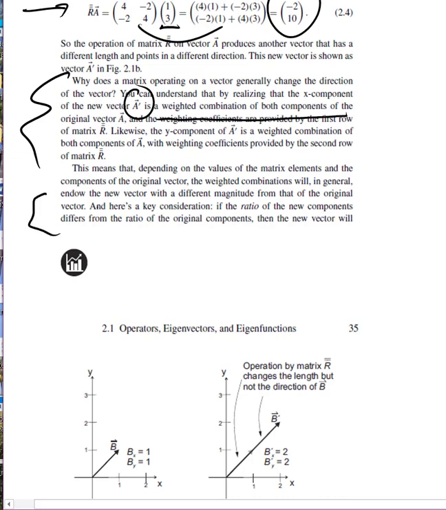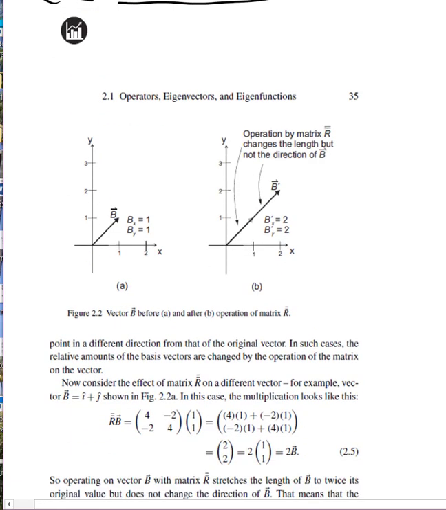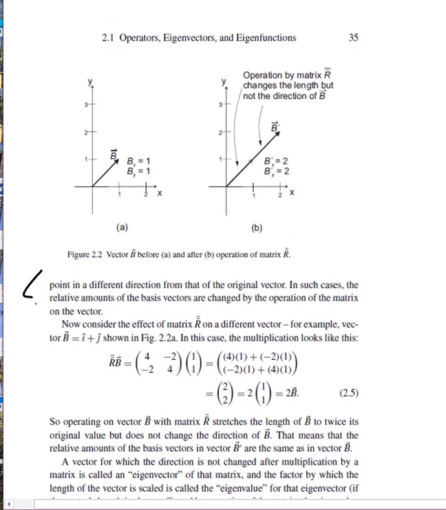And as it says down here, if the ratio of the new components differs from the ratio of the original components, then the new vector points in a different direction from the original one. So the relative amounts of the basis vectors are changed by the operation of the matrix. As you can imagine, this is going to come up big in quantum mechanics when we're dealing with functions and eigenfunctions, waveform solutions to the Schrödinger equation.